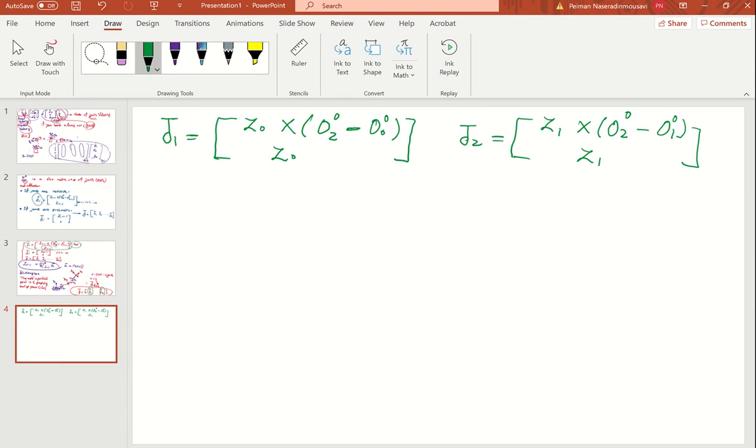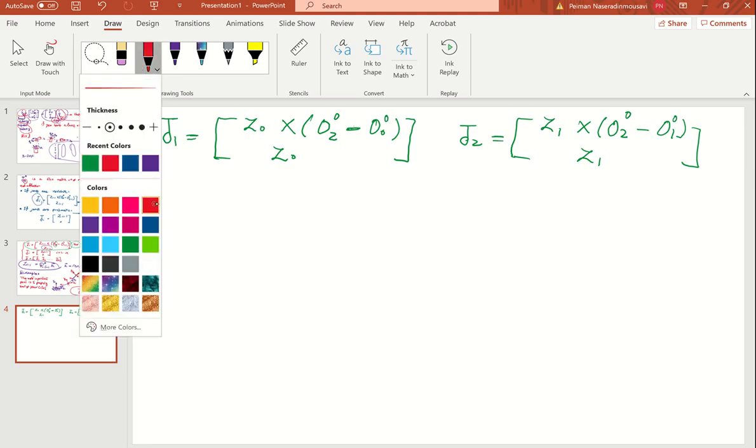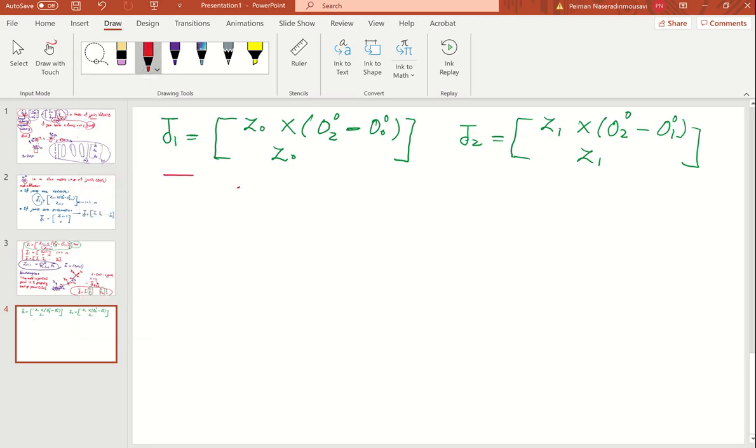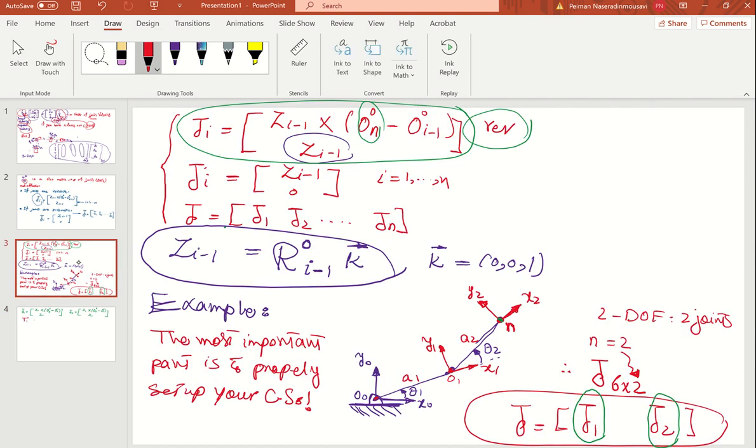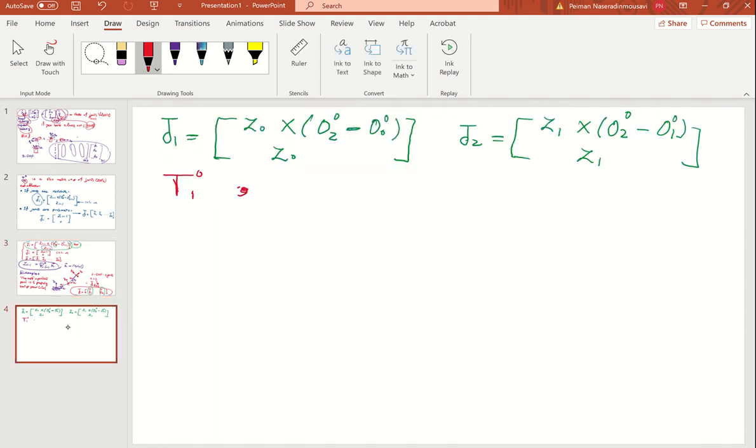But I taught you, if you remember previously, the transformation matrix of coordinate 1 with respect to 0, and 2 with respect to 0. And we know the transformation is 1 with respect to 0, 2 with respect to 1.